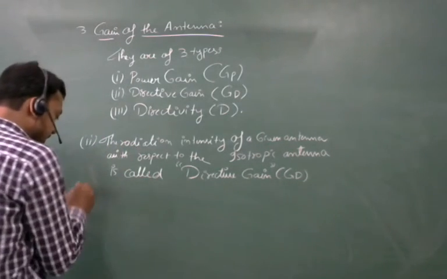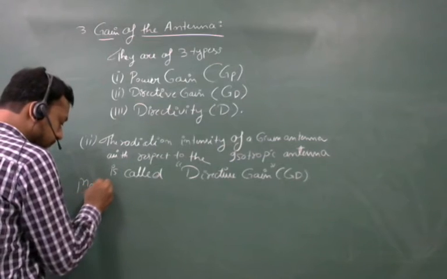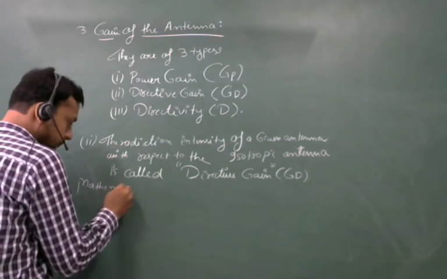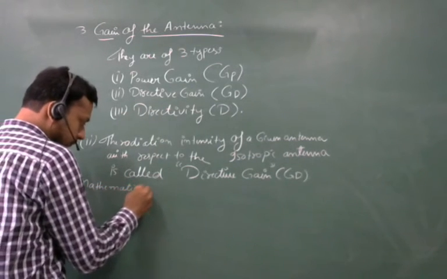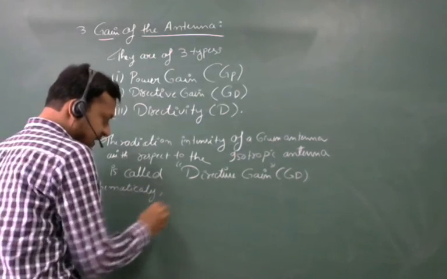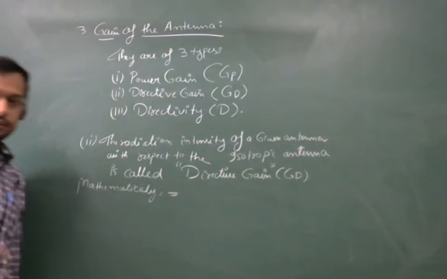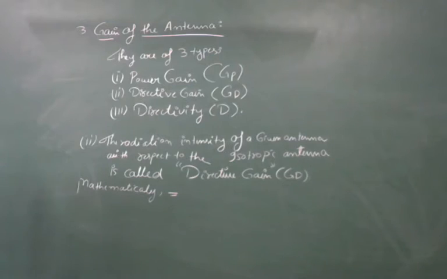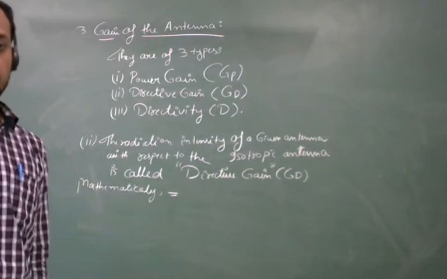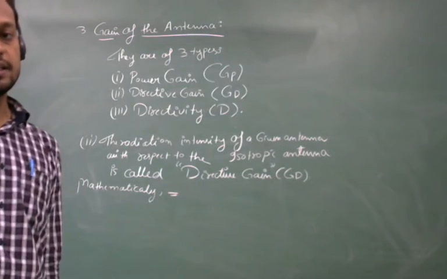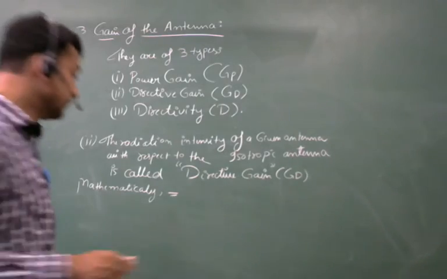Mathematically, this can be written as the radiation intensity of the antenna upon the radiation intensity of the isotropic antenna.